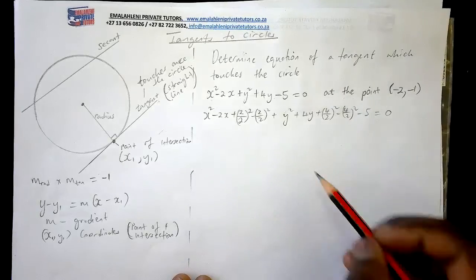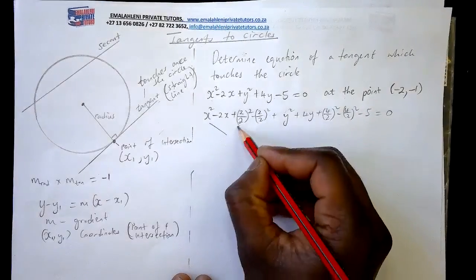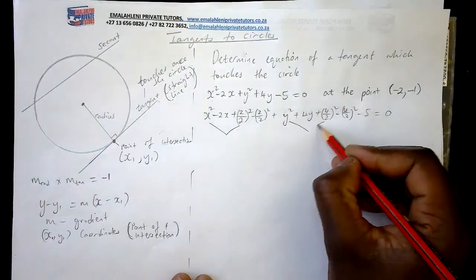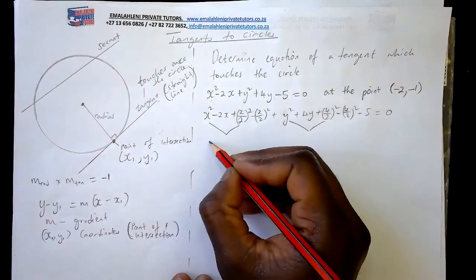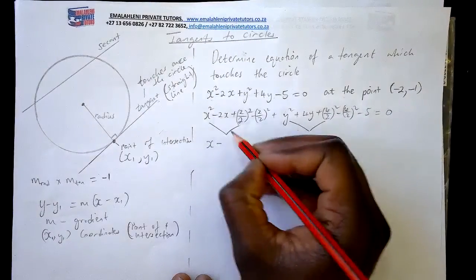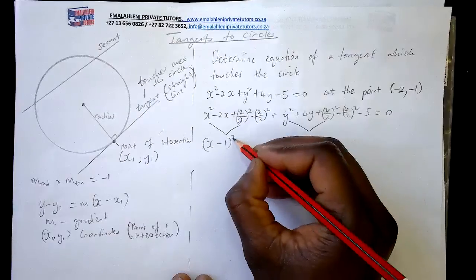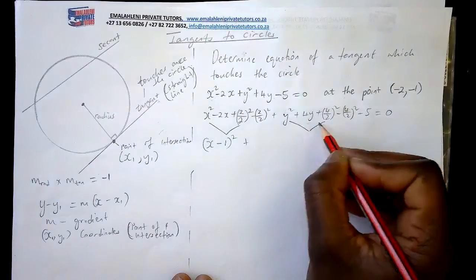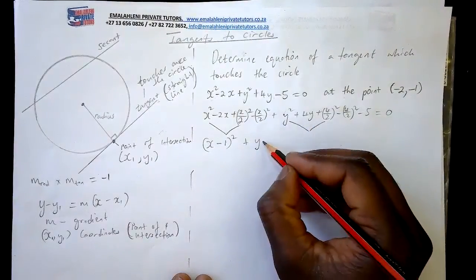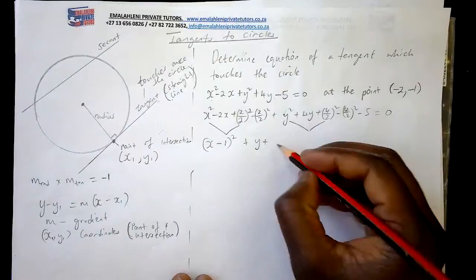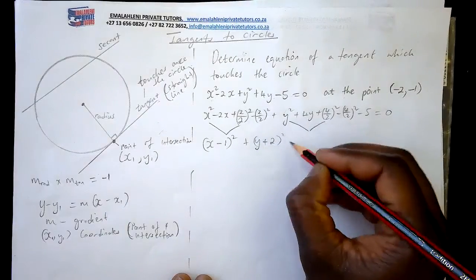So we have a perfect square here, and another perfect square here. The perfect square here is going to be (x minus 1) squared, since minus 2 divided by 2 gives 1. Then plus another perfect square, (y plus 2) squared, since 4 divided by 2 is 2.